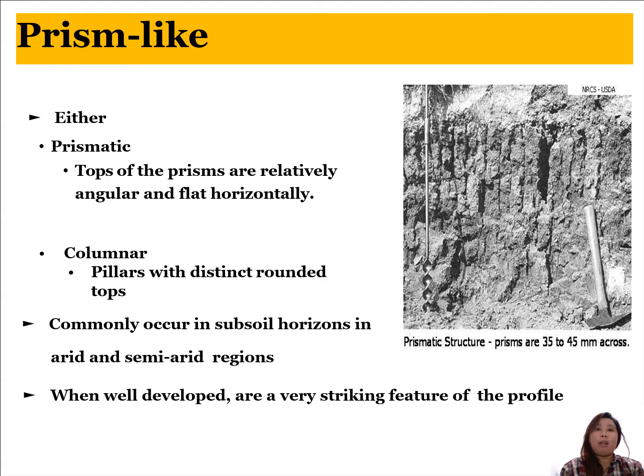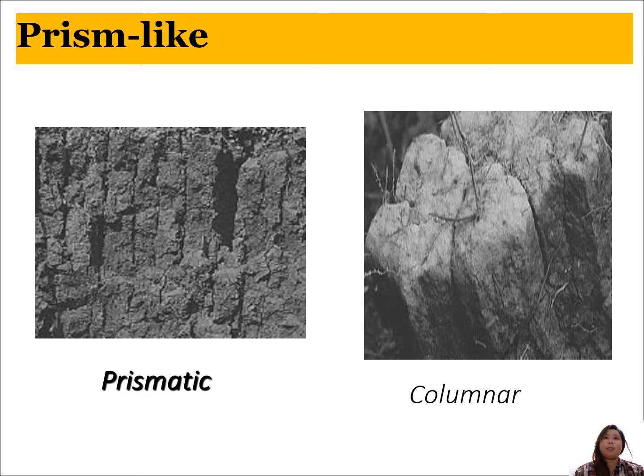And when well developed, it is a very striking feature of the soil profile. So these are some examples of prismatic and columnar soil structures. So you can easily notice the difference.